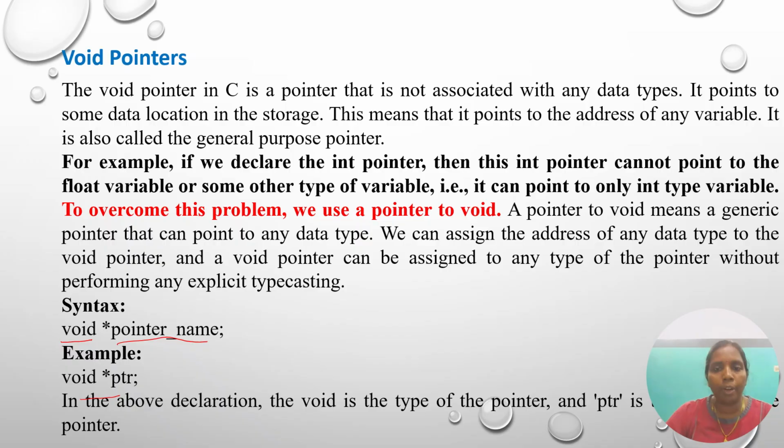So it can point to only one type of variable. To overcome this problem, we can use the void pointer. A pointer to void means a generic pointer that can point to any data type. So we can assign the address of any data type to the void pointer. If it is only integer, we can use the integer data type. So this is the use of a void pointer.